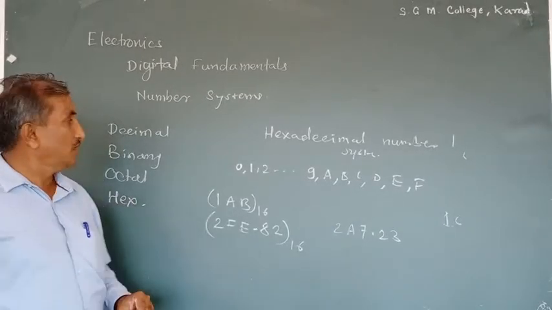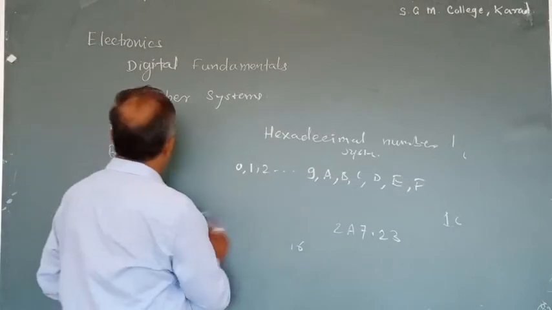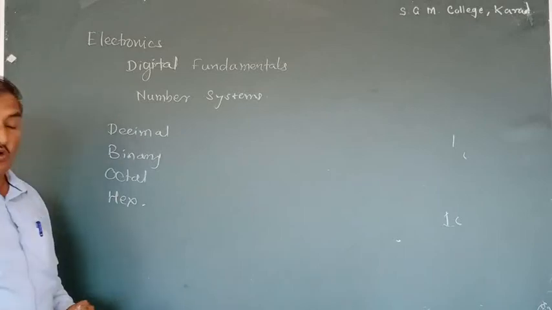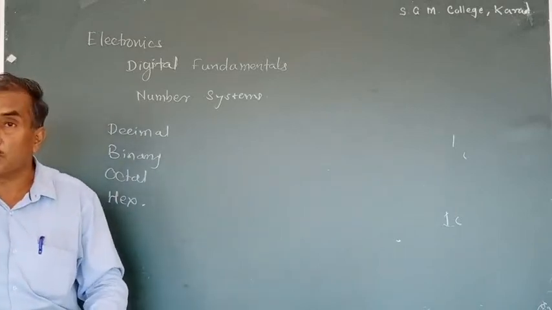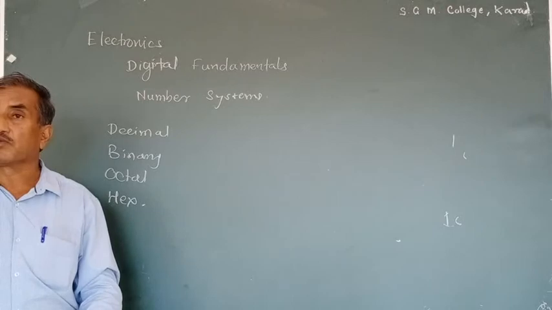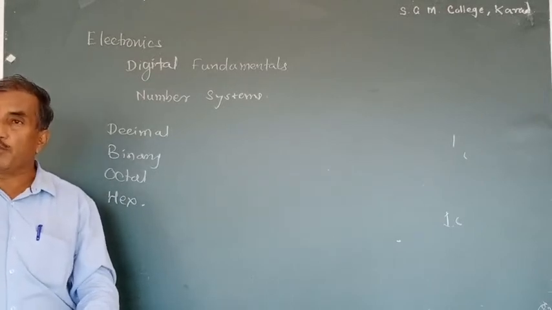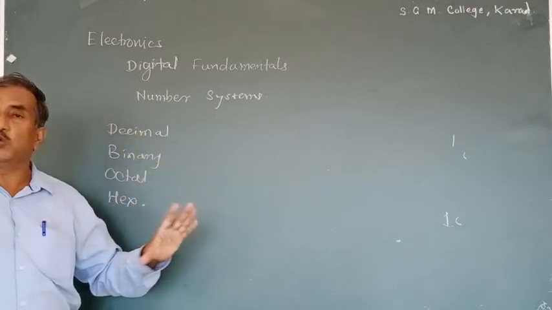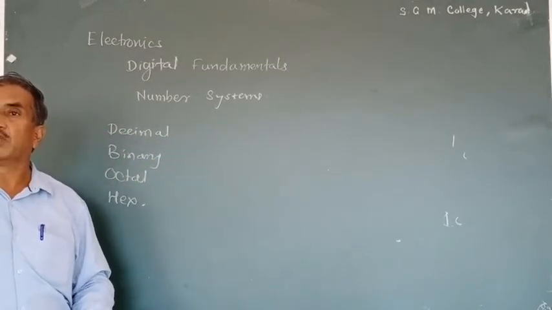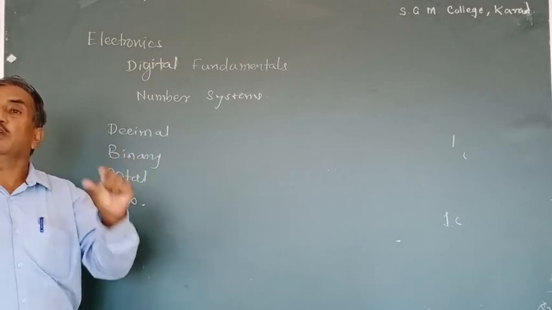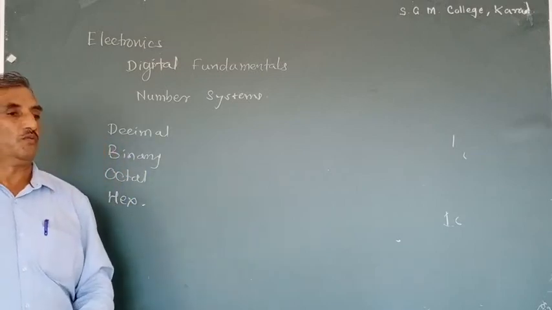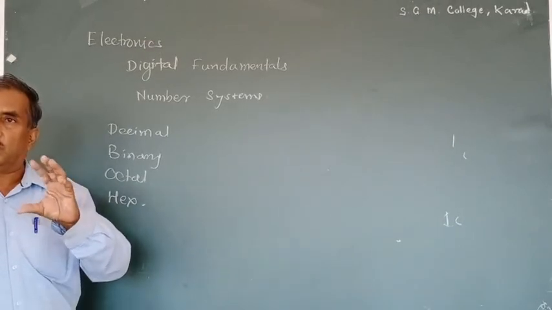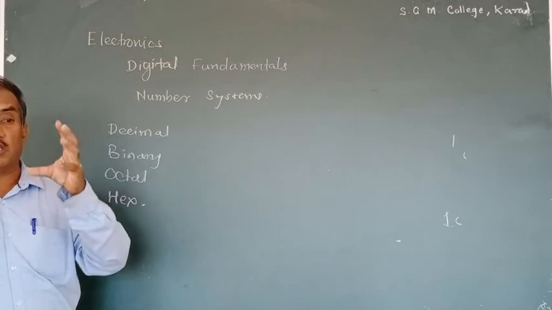So these are the 4 number systems: decimal, binary, octal and hexadecimal. Note that decimal is the old one, very familiar, and everybody works with it. Binary was developed as a need of digital systems, to give specific characteristics for the proper working of digital systems.